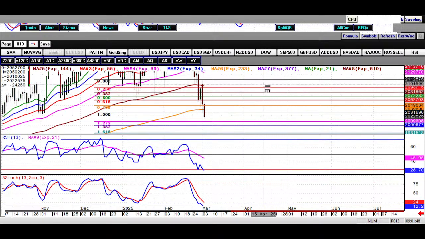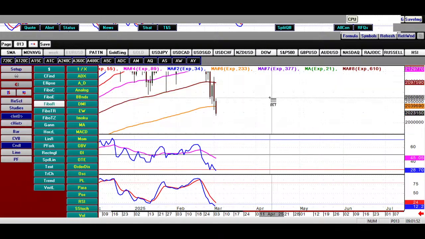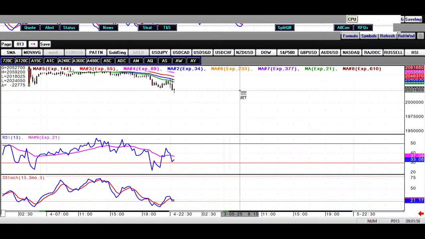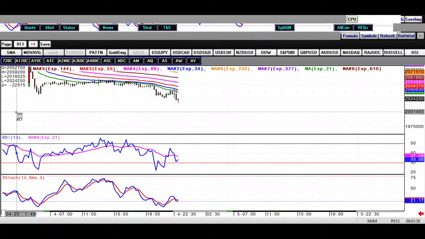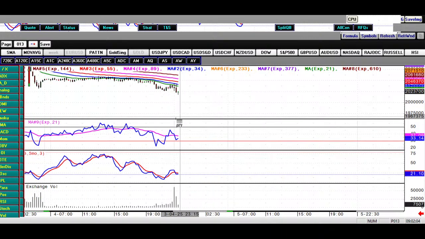Okay. So this one I think we got hit again today. So let's wait for this thing to stabilize, because I think we've got to go for a re-entry on this.